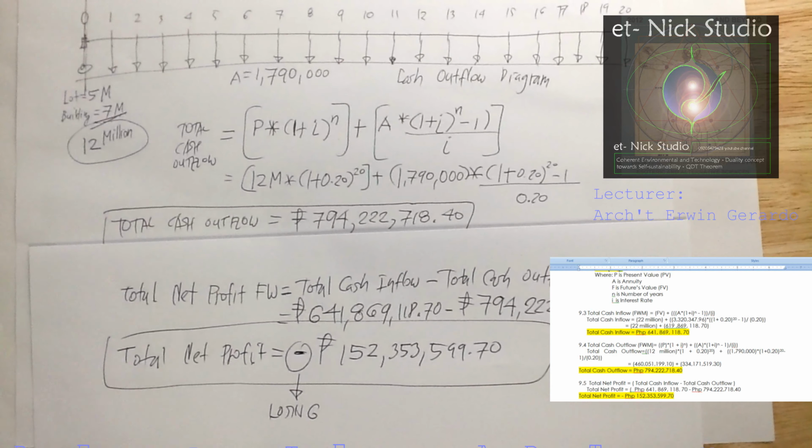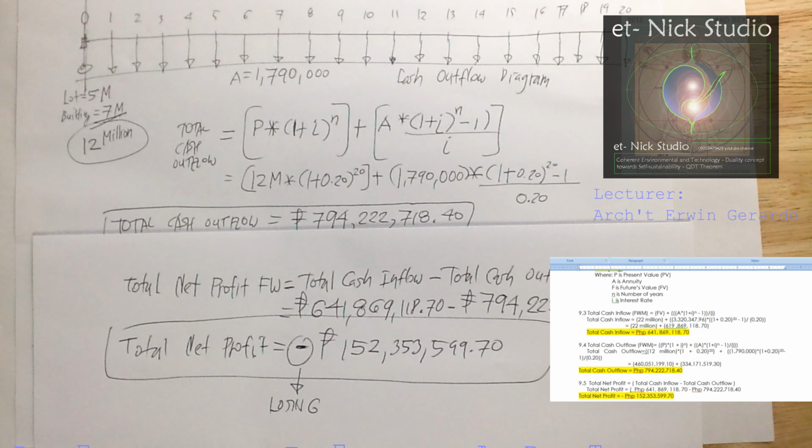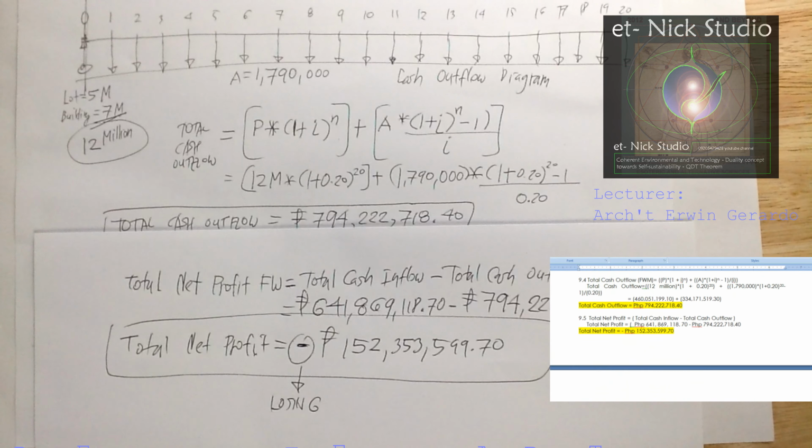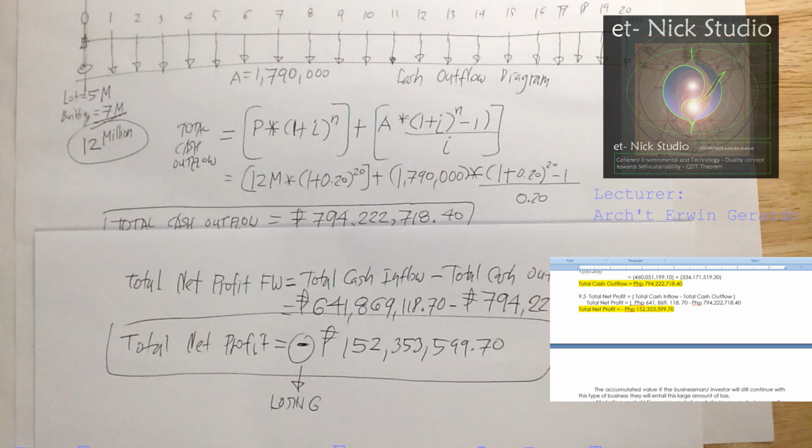So therefore, if we still insist on continuing the business, despite that the projected costs have entailed a large number of outflow rather than the inflow, the business won't be that successful.